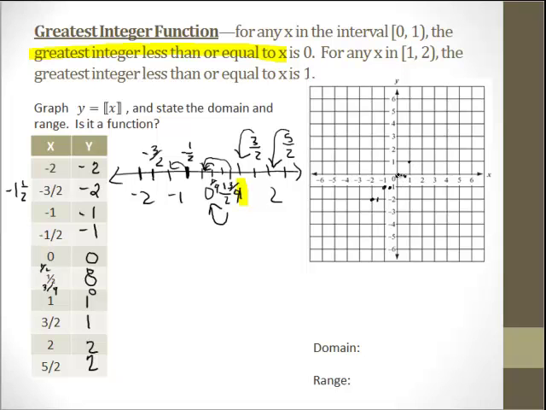So what this does is it creates a step. Once it gets to 1, it jumps up to this point. It includes all of these, but it jumps. When it gets to 2, it jumps up to here. Creates a step, jumps up to here. Creates a step, jumps up to here. Sometimes people call this the step function.